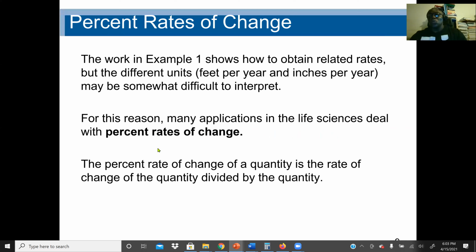For this reason, we are going to learn how to find a percent rate of change, which is easier to interpret, whatever percent of change per year or per second, depending on the unit of the time. The percent rate of change of a quantity is the rate of change of the quantity divided by the quantity.